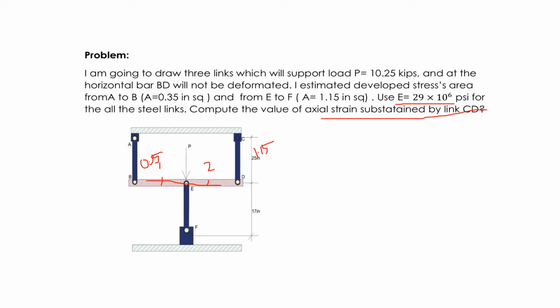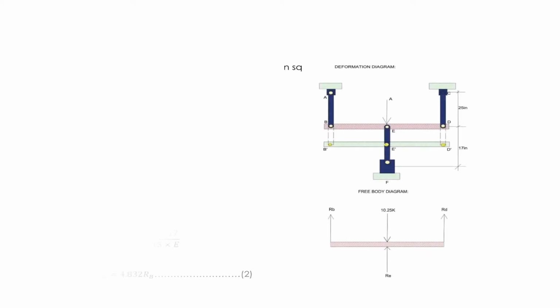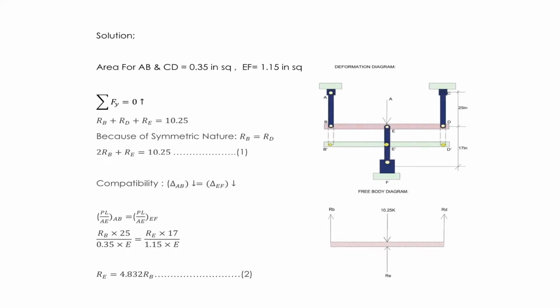So let's compute and separate into two sections, for E and E prime, and then we have to compute the direction of forces acting on this beam. Because of the symmetric nature, RB is equal to RG. So we split into two sections for this beam.